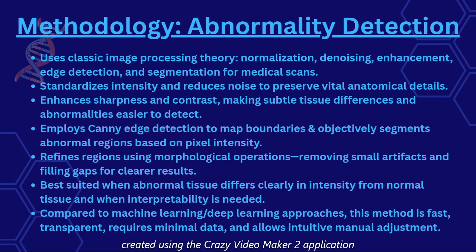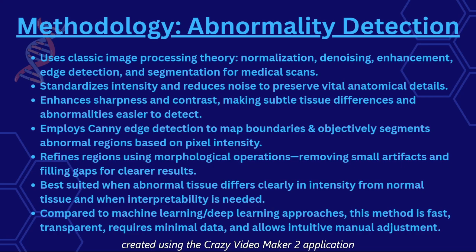Edge detection theory here via the Canny method enables identification of anatomical boundaries and automated segmentation, which objectively separates likely abnormal regions based on intensity distribution. Alternative methods for medical abnormality detection include machine learning based classifiers and deep learning, which can learn features directly from large annotated data sets.